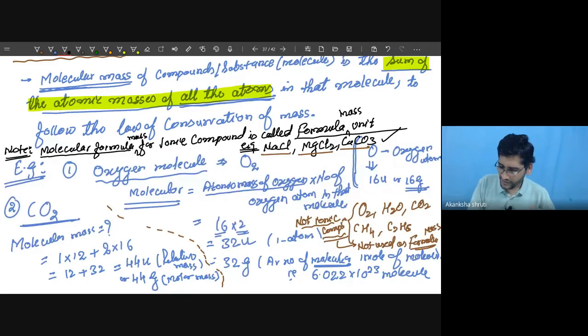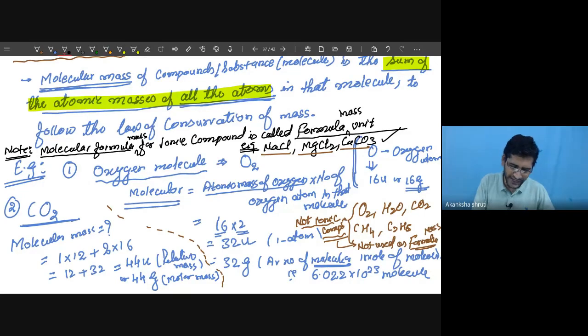For an ionic compound, we are not using the molecular mass, we are using the term formula mass. And for covalent compounds like oxygen, nitrogen, water, we are using molecular mass only. Both roughly mean the same thing.